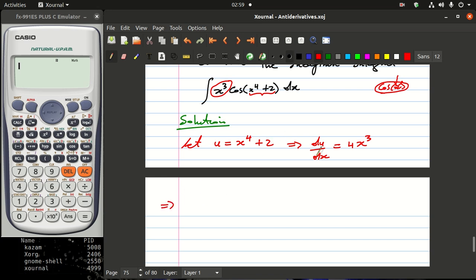Then I cross multiply, and I end up having du equal to 4x cubed times dx. From there I can divide by 4x cubed on both sides, and I'll end up having du divided by 4x cubed equal to dx. So that is what we are getting at.